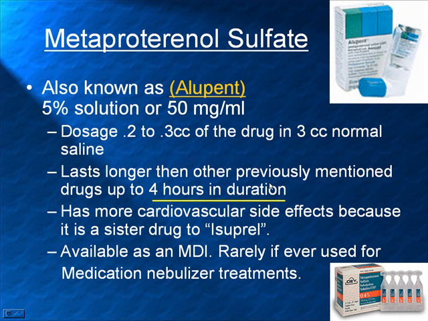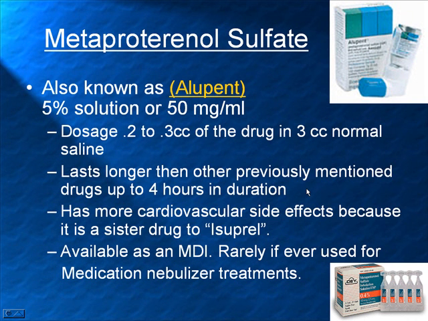However, Albuterol was notorious for having more cardiovascular side effects because it is a sister drug to Isoproterenol. So it's available as an MDI, but it's rarely, if ever, used for medication nebulizer treatments any longer. I believe that the company is working on an HFA preparation of Albuterol as well.